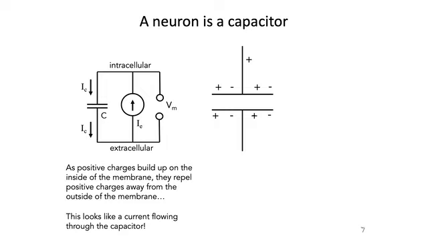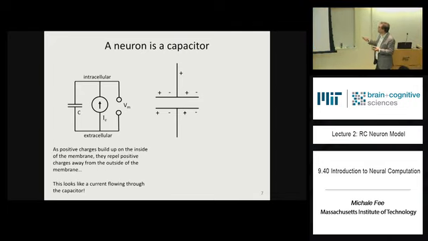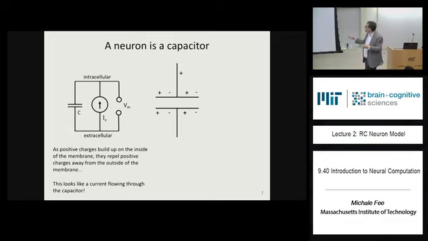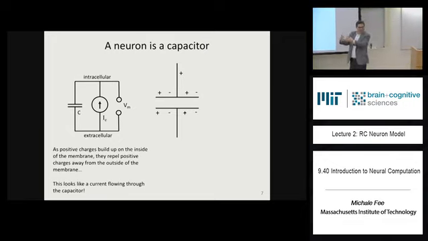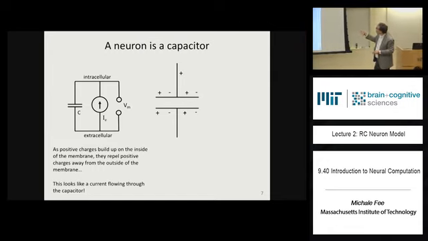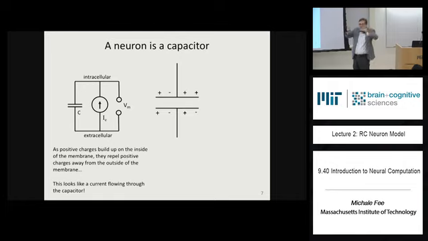There are ions on the inside that are just up against the inside of the cell membrane. There are charges on the outside, okay? And when we inject a charge from the outside to the inside, let's put one of those charges right here, and we're going to push it into the cell. When you inject a charge, you get an excess of charge on the inside of the cell membrane, okay?